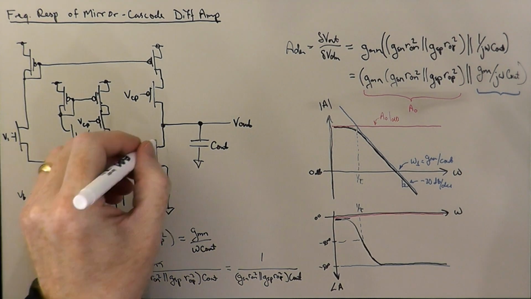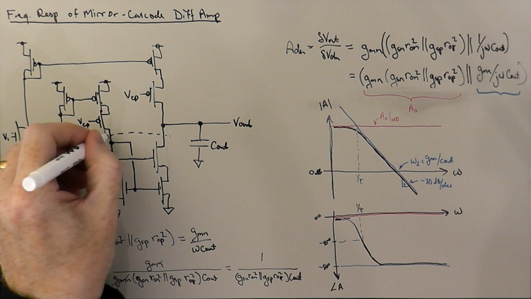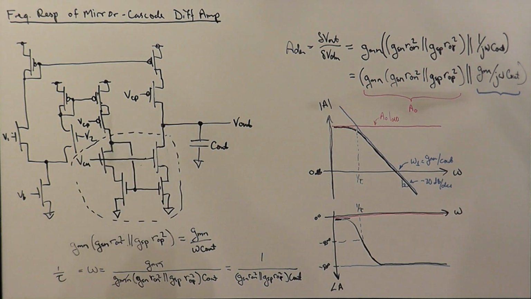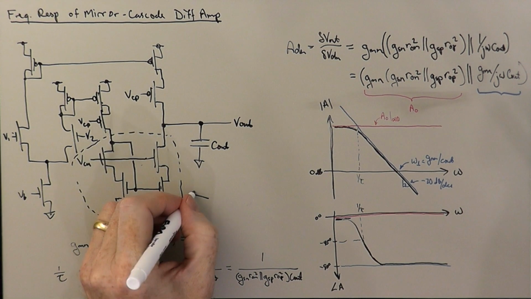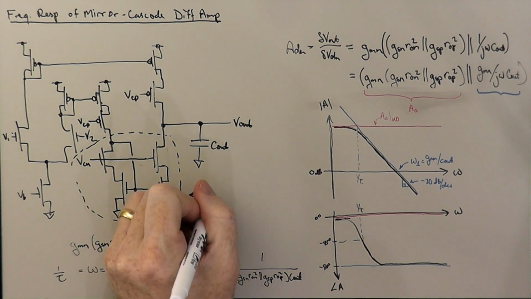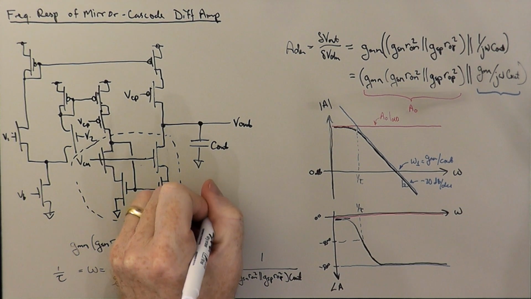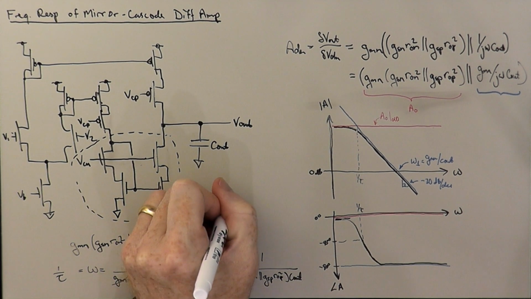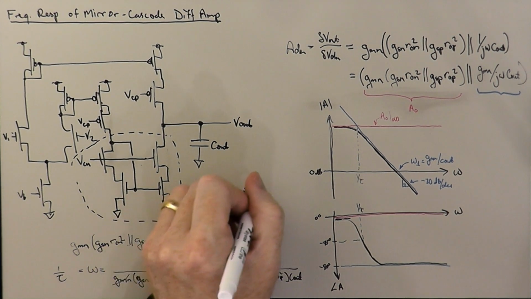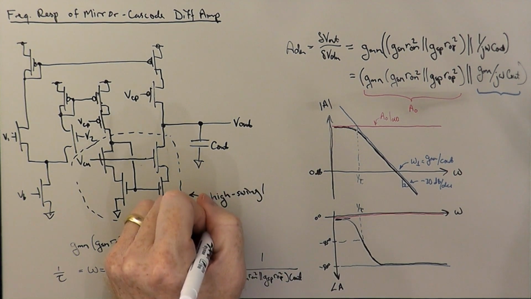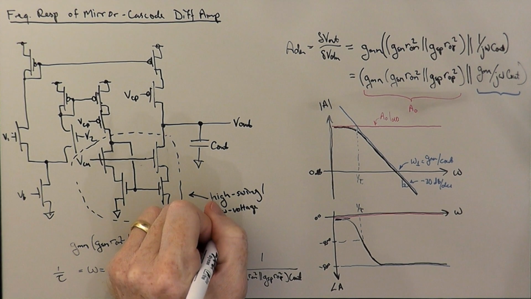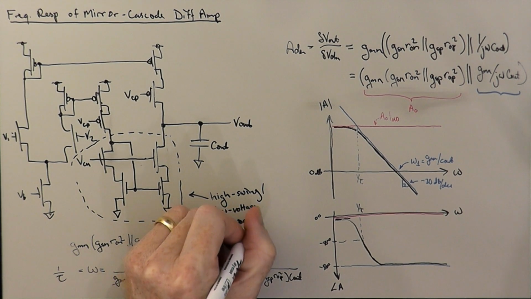This current mirror is one of several fancy current mirrors that have very, very high performance. And this particular one is called a high swing or low voltage cascode current mirror.